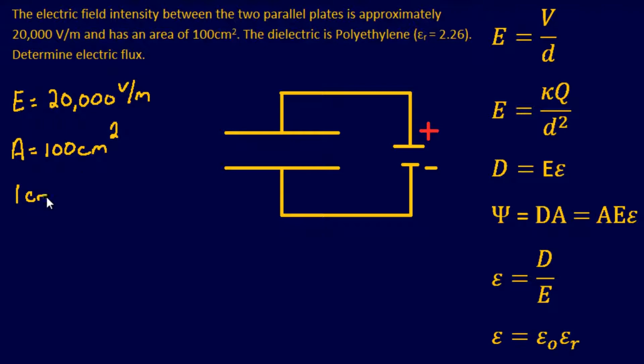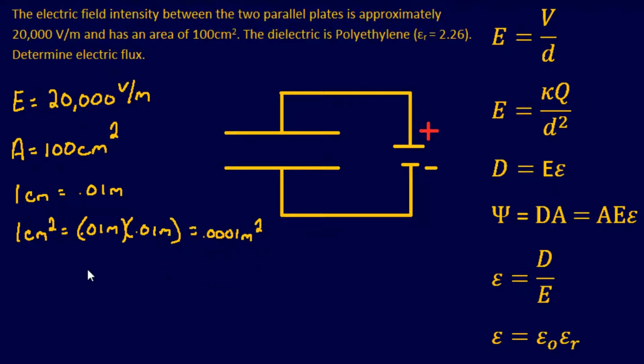1 centimeter equals 0.01 meters. Okay, simple fact, nothing difficult. So which means 1 centimeter square equals 0.01 meters times 0.01 meters. Make sense? And that's going to come out to be 0.0001 meters square.